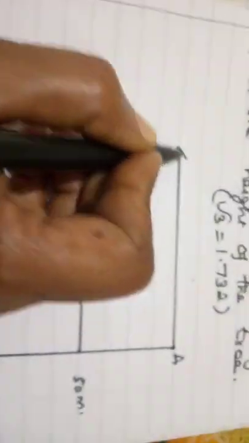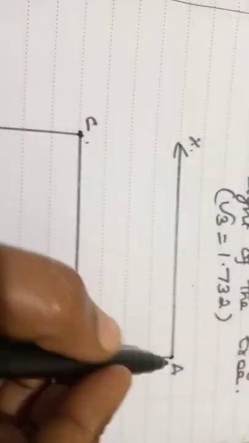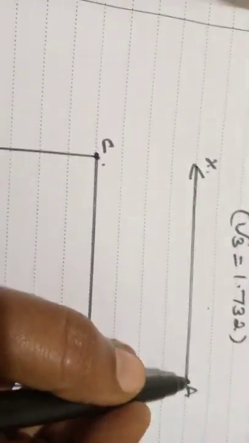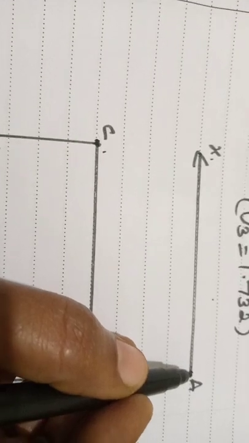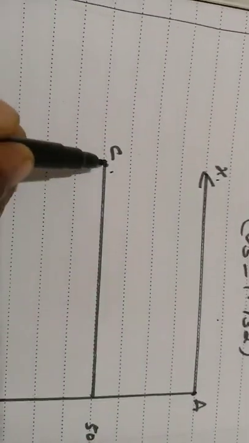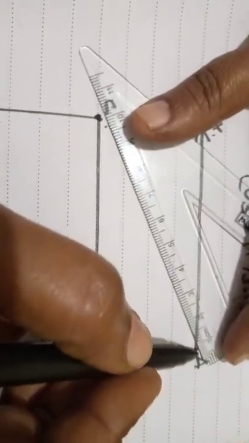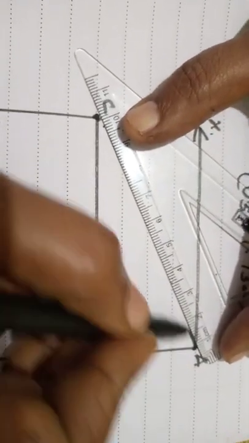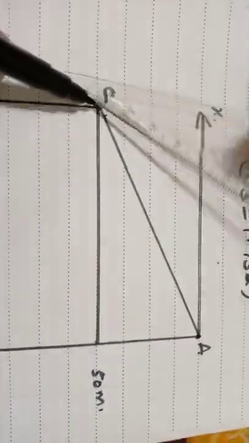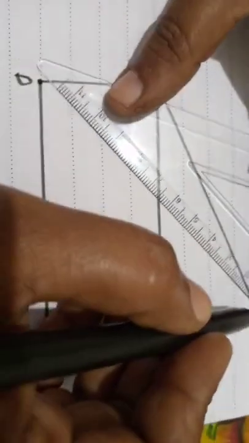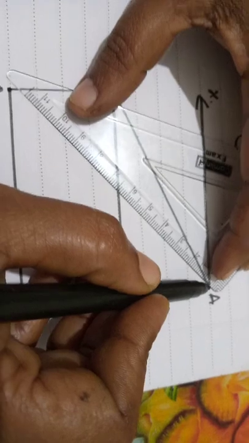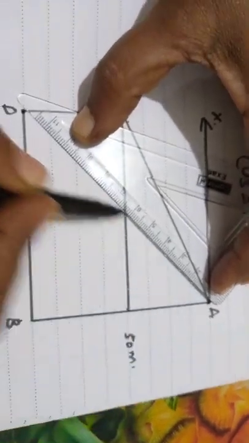This one name it X. Now line of sight. Through this point A we have to draw the line of sight of the top of this tree as well as the bottom of this tree. Let's draw the line of sight. This is the top of the tree. Next again line of sight we have to draw to the bottom of the tree.